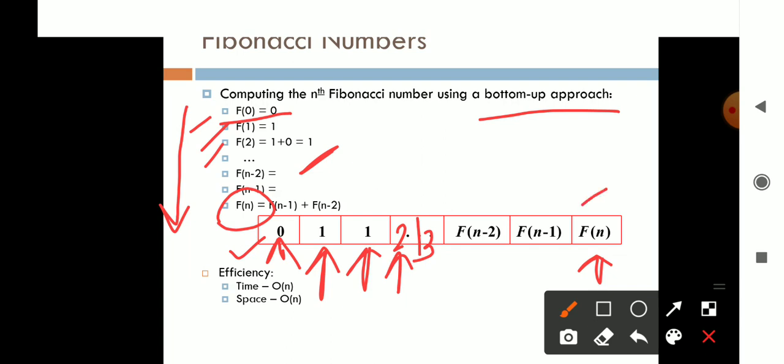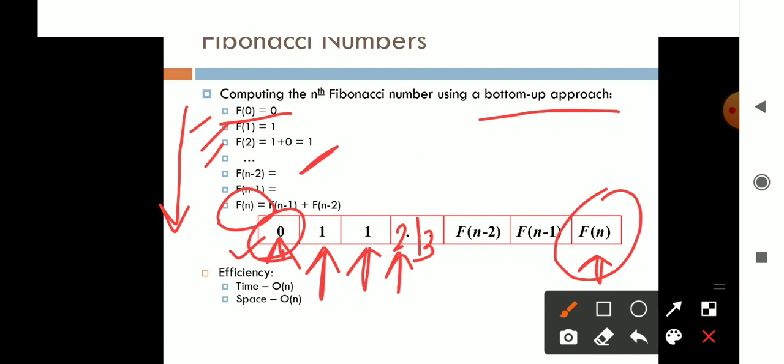Whatever value of n is given, we can find out the solution for that. Whenever we need f of 0, at that time we are going to just reuse this particular value. It is already calculated, it is already stored in the array, and we can just get this value from this array and we can use it.